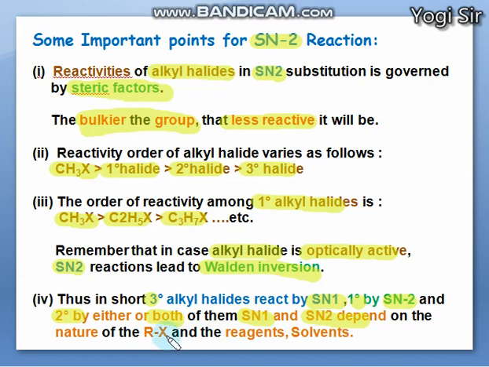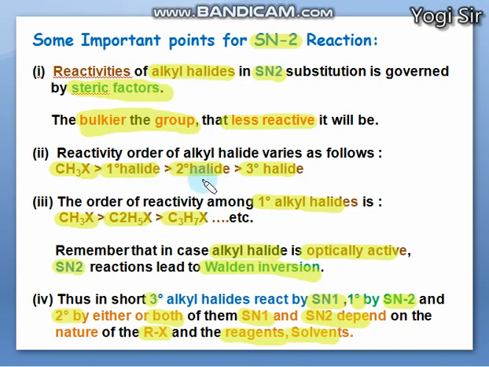That depends on the type of alkyl halide as well as the nature of the reagents and solvents selected during the reaction. The last point here is that as we go towards tertiary, SN2 is decreasing, but SN1 is increasing.